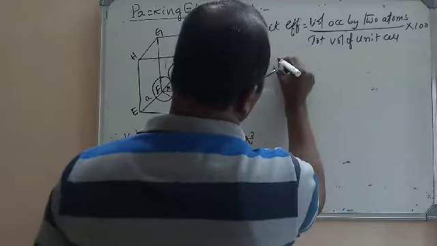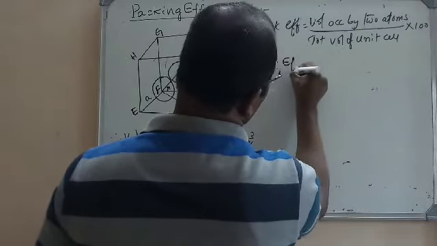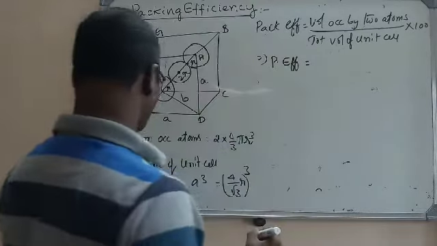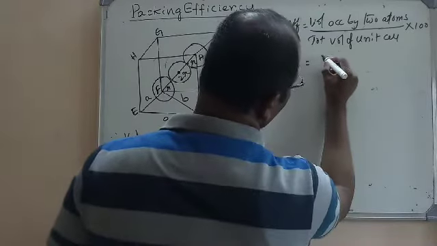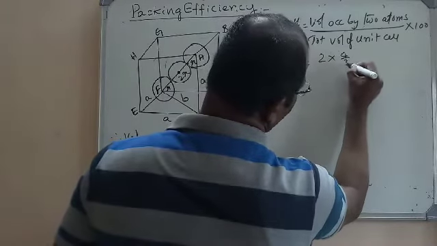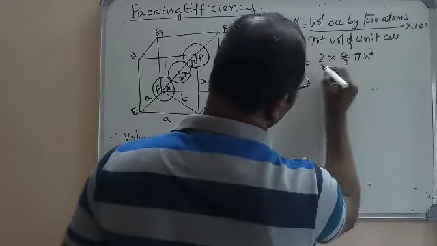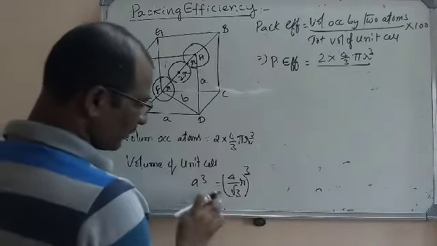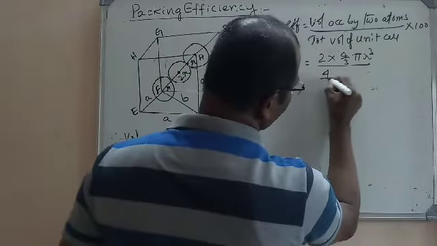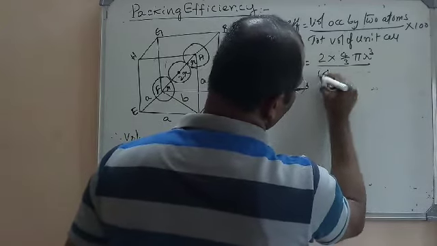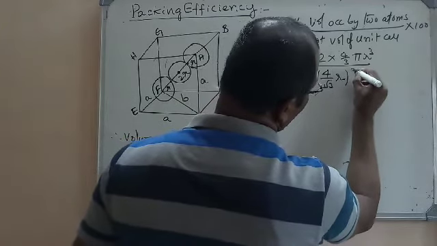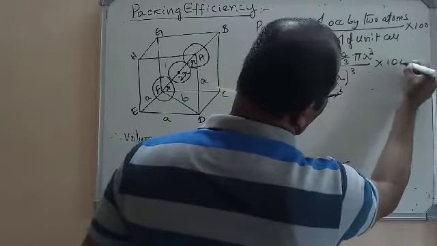That implies packing efficiency is equals to 2 into 4 by 3 pi r cube, divided by the volume of the unit cell, 4 by root 3 into r whole cube, into 100.